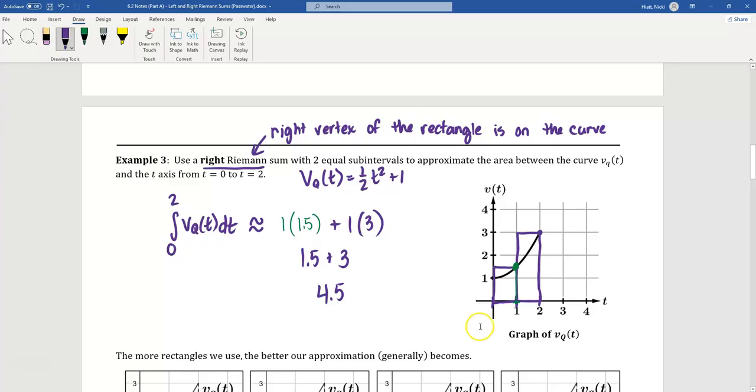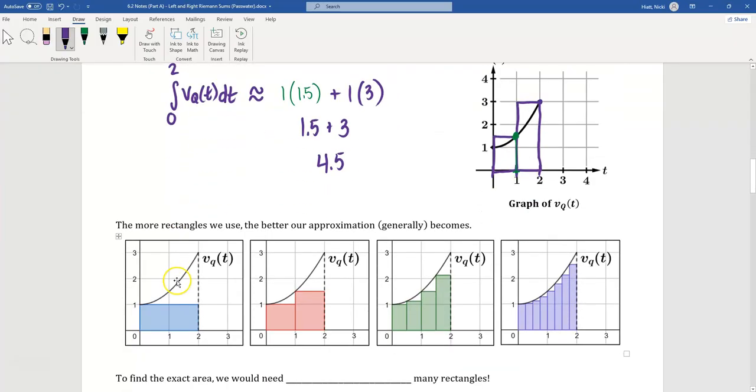When we are looking at this, look at this picture. This is the same graph. We're not going to actually calculate it, but these are all left Riemann sums because you've got the left endpoint of your rectangles on the graph there. And you can see for this function, you're getting an underestimate for all of these.